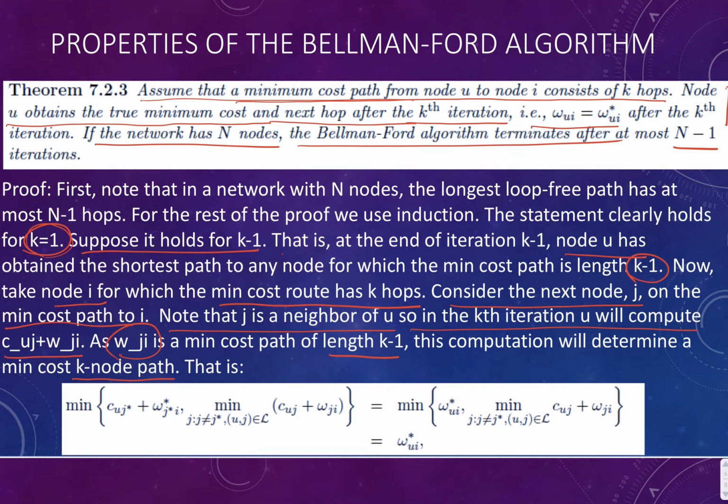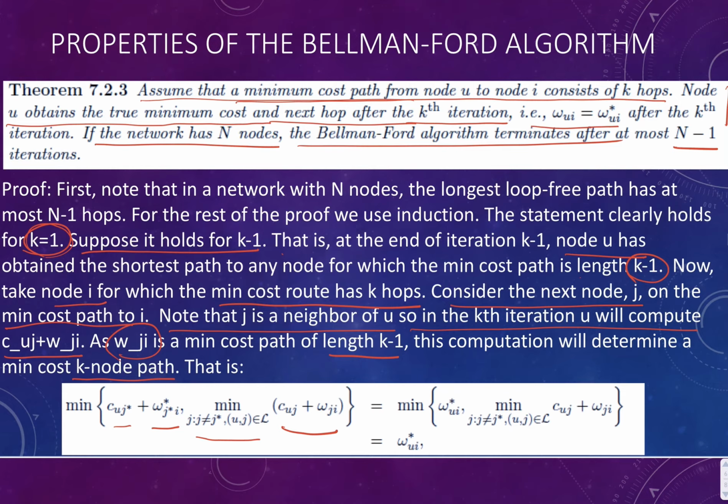That is, at the kth iteration, the node U will compute CUJ* plus WJ*I, and the minimum out of all nodes j which are not j*, that are neighbors of U, CUJ plus WJI. And out of these, it will select the best.